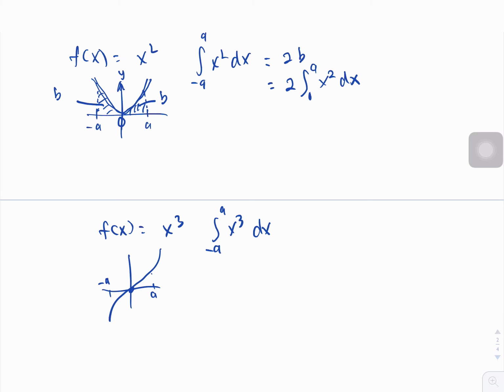If we integrate this, we will get the area under the curve. If you can see here, the area of the positive and the negative is the same. Sorry about my drawing. But since the area here is, let's say, b, and the area here is negative b, therefore, when we add these two areas, b plus negative b, we will get 0.